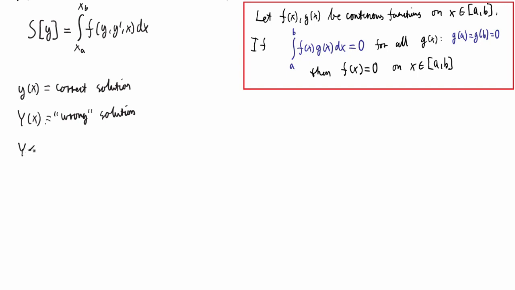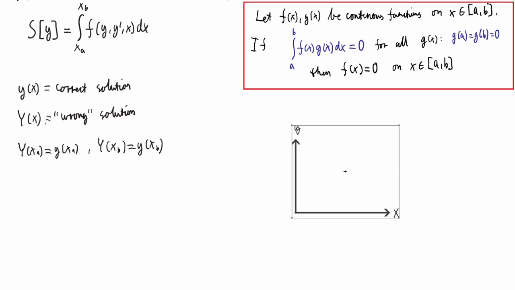But what we do have is that y of x_a equals capital Y of x_a, and y of x_b equals capital Y of x_b. So if you were to plot this, we have a starting point A and an ending point B. And let's color code this a little bit. Let's say that the blue curve here is y of x, and this red curve here is capital Y of x.